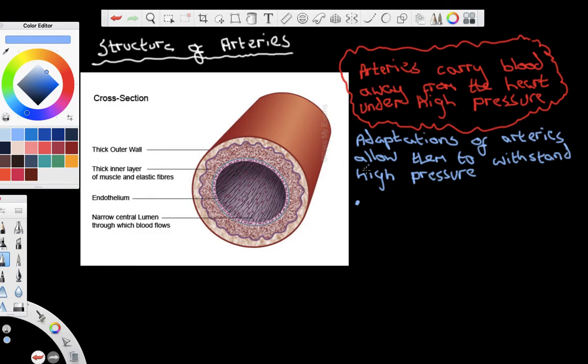So they have thick walls to allow them to stretch under high pressure.